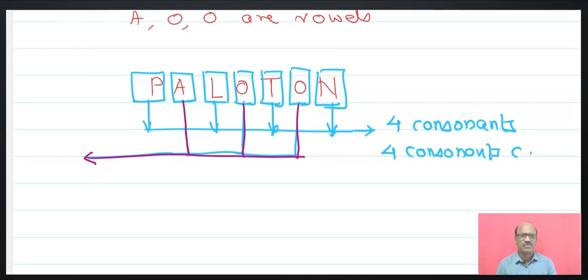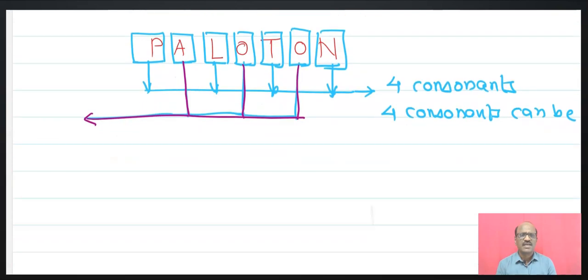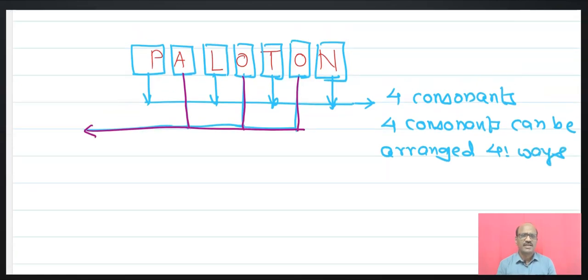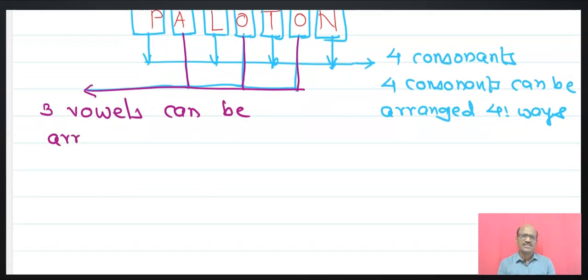That is 4 consonants can be arranged, no repetition, that is 4 factorial ways, and 3 vowels can be arranged, that is 3 factorial upon 2 factorial, because O is repeated twice.